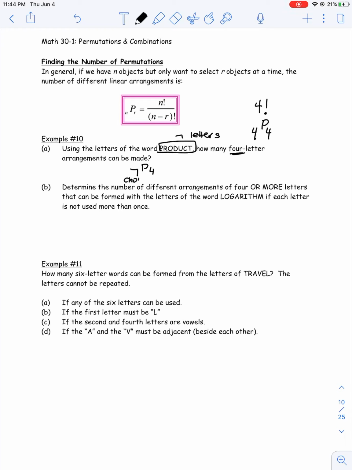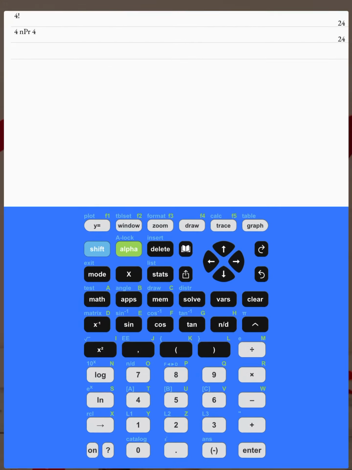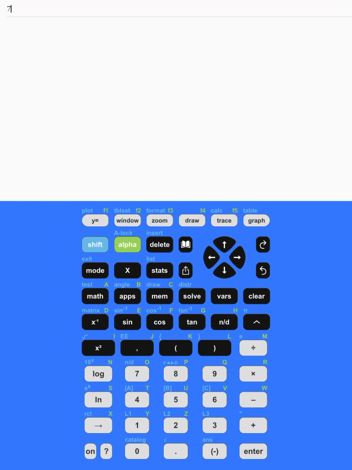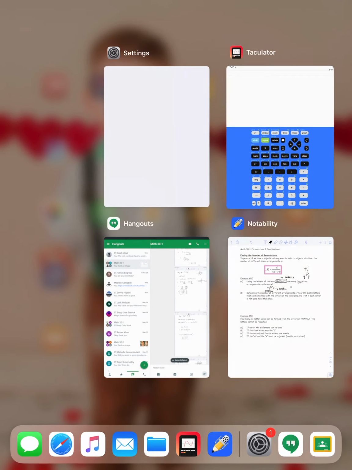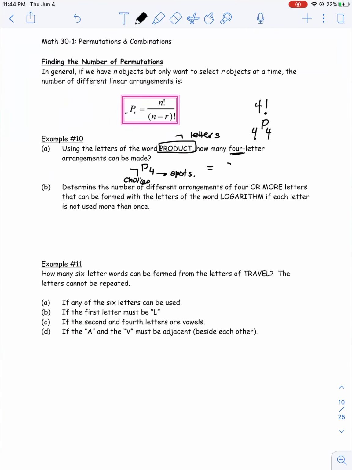So 7 is how many choices I have, and 4 represents how many spots I'm putting them into. If I put that into my calculator by going 7, math, probability, go to number 2, and then press 4, the answer is 840.